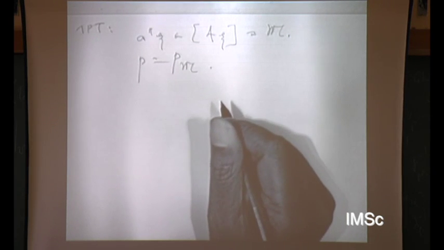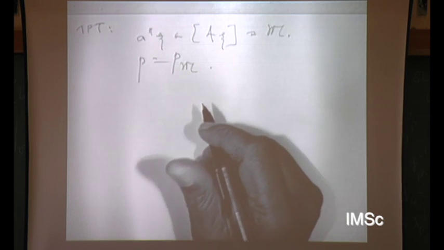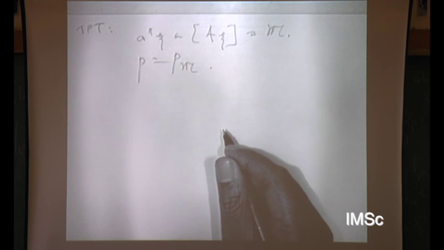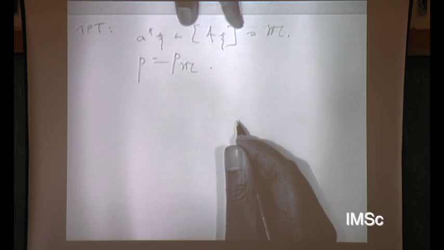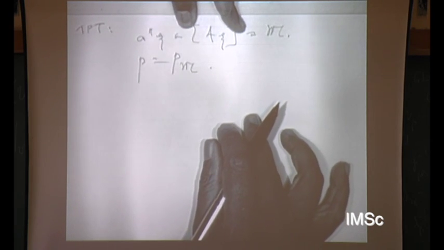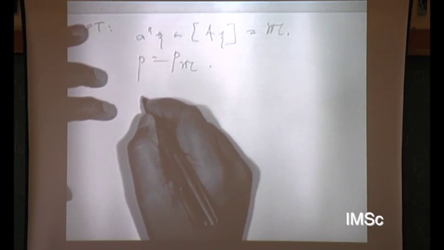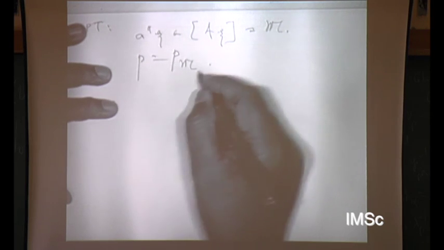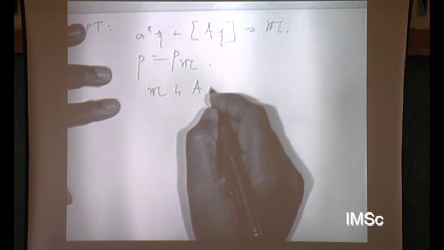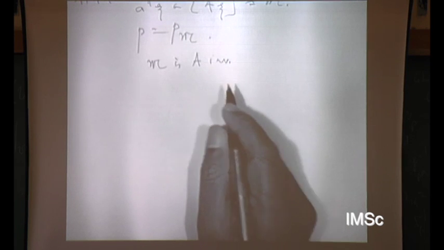Now 𝒜 is a unital algebra. What we saw last time was that if 𝒜 is a unital algebra, then any subspace like this is going to be invariant for 𝒜. So M is 𝒜-invariant. What does that mean?